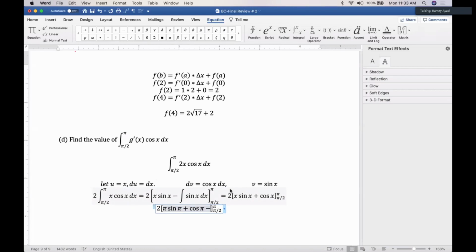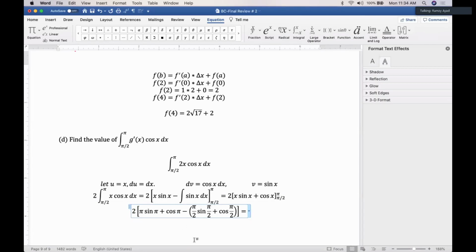Then minus, and I'm going to put now the pi over 2. So I'm copying that and put it here, and a parenthesis around it. And every pi that I have, I'm going to make it over 2. Done? Once you do that, you don't leave the limit because you already put whatever limit there was.